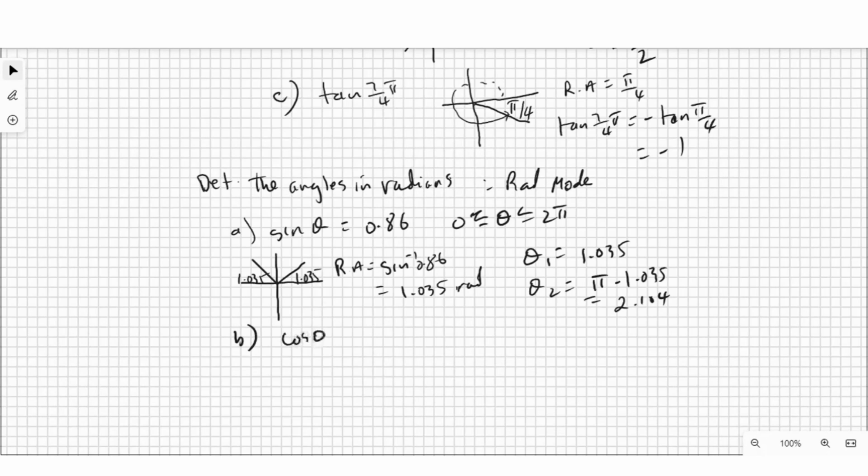Cosine of theta is minus 0.754. Since cosine is negative, cosine is negative in the second quadrant and in the third quadrant.